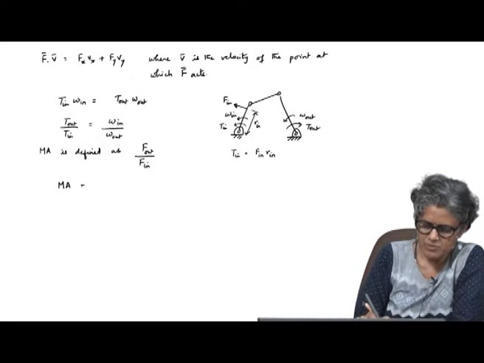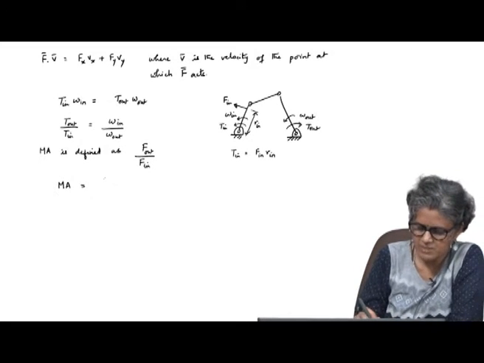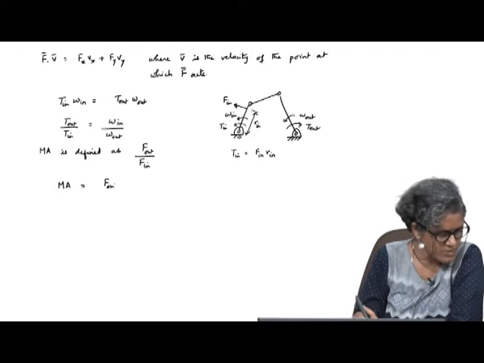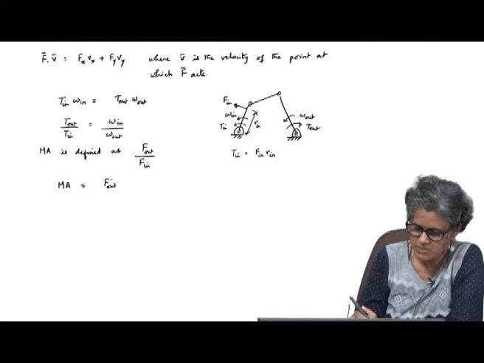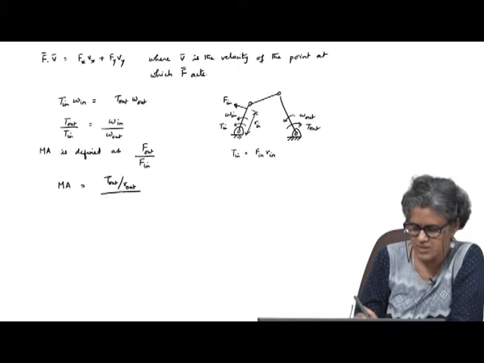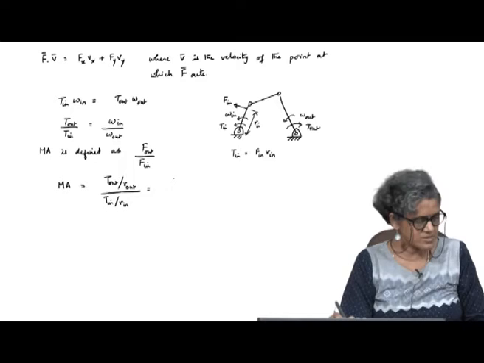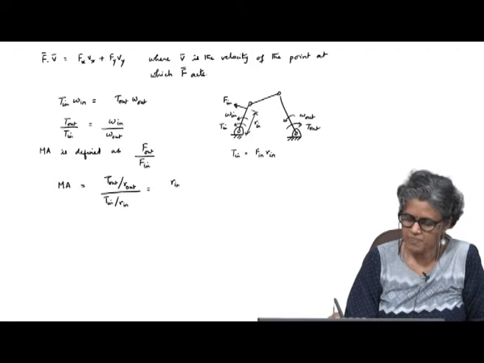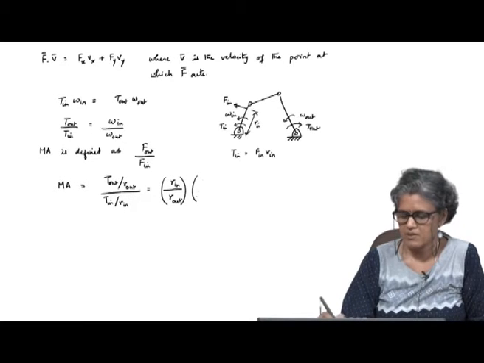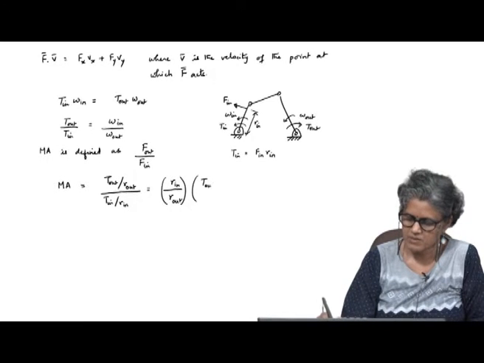So, MA would be, if T out meaning F out, sorry, T out by R out by T in by R in, which is T in.